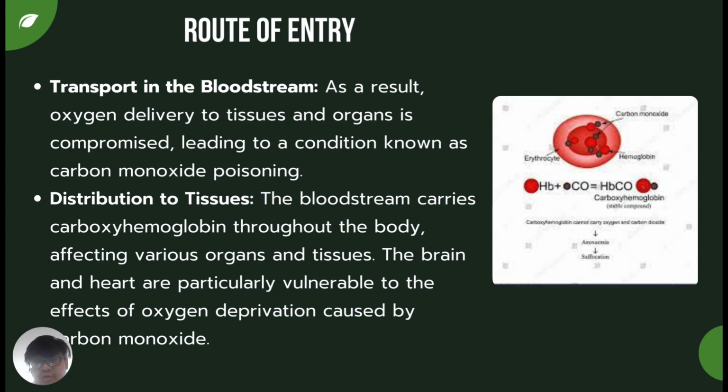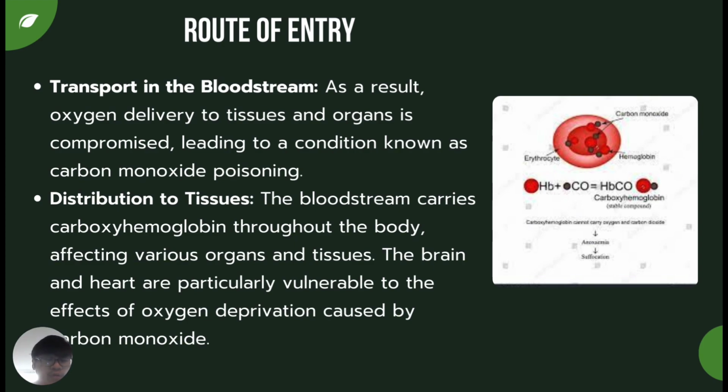Distribution to tissues. The bloodstream carries carboxyhemoglobin throughout the body, affecting various organs and tissues. The brain and heart are particularly vulnerable to the effects of oxygen deprivation caused by carbon monoxide.